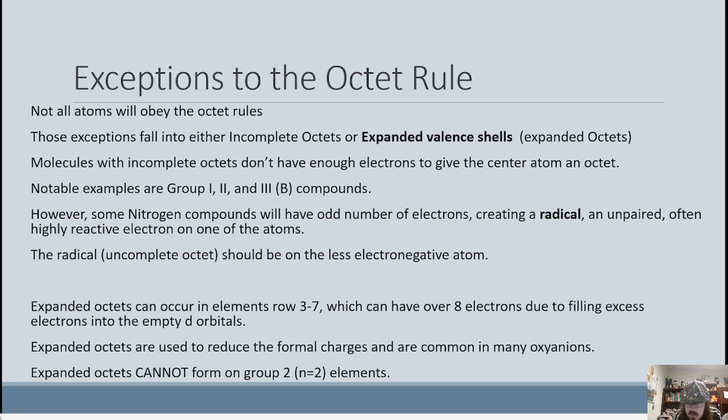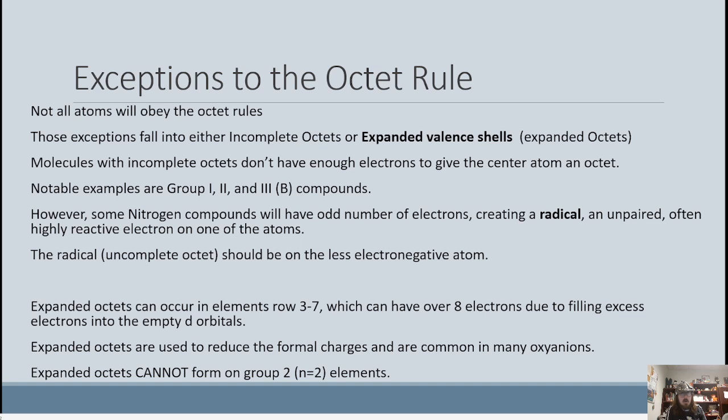Now, expanded octets are just the opposite. Sometimes atoms are going to try to make more bonds than they should have any right to make. This will only occur in elements beyond row 2, so rows 3 through 7 are capable of achieving an expanded octet.